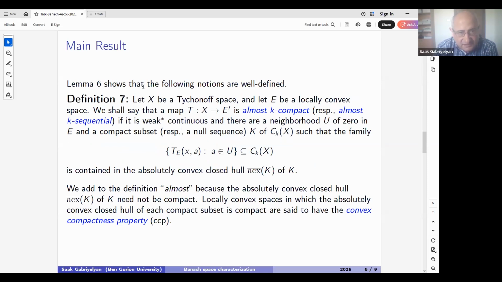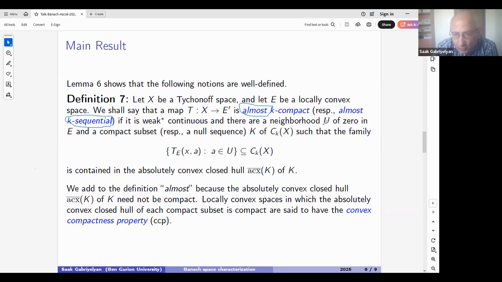This lemma shows that the following notions are well defined. Let X be a Tikhonov space and let E be a locally convex space. We shall say that a map T is almost K compact, respectively almost K sequential, if it is weak star continuous. This is needed for us to obtain an analogy of the previous theorem.